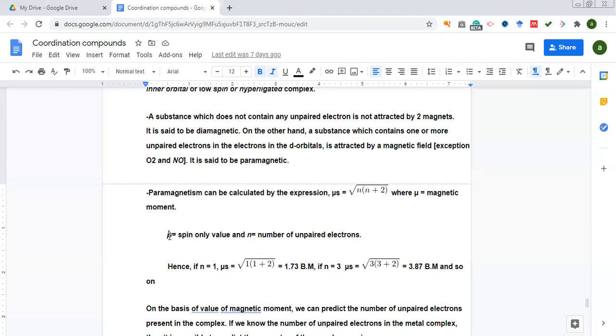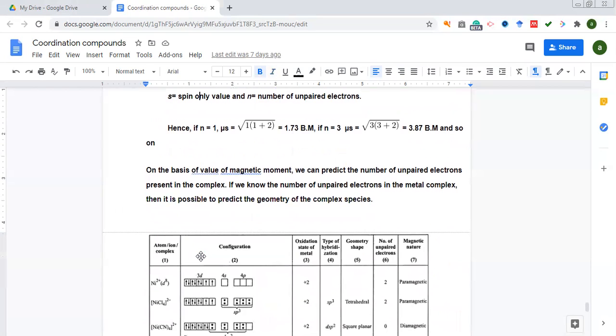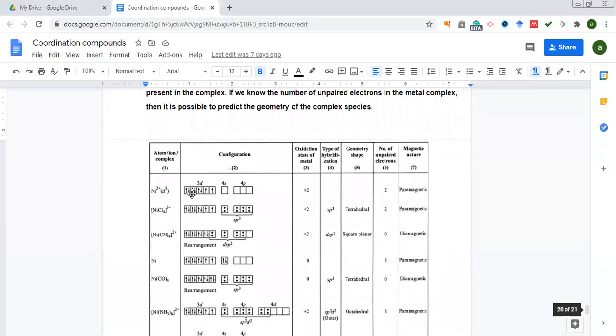How can we calculate the spin quantum number? It is the sum of the spins of electrons in orbitals. Each orbital can accommodate a maximum of two electrons, and the orientation of these two electrons is opposite to each other.